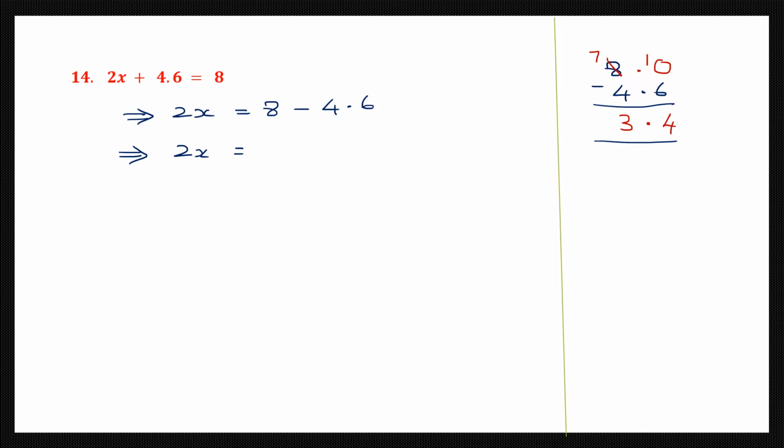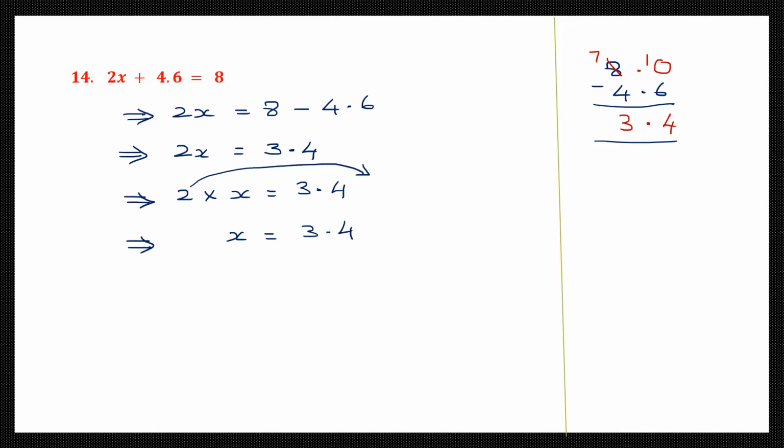So 2x is equal to 3.4. So what will the value of x be? So 2 into x is 3.4. So to find the value of x, I leave it on the left hand side, 3.4 on the right. I transpose 2 to the right hand side. Because it's multiplication, here it becomes division.